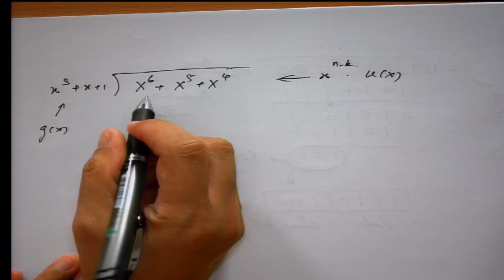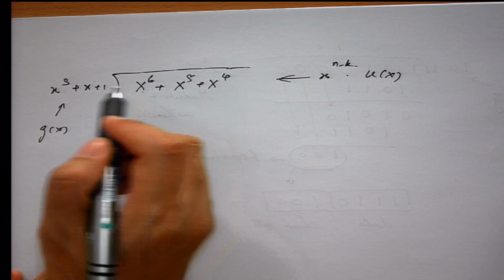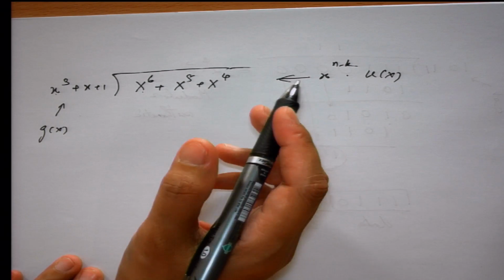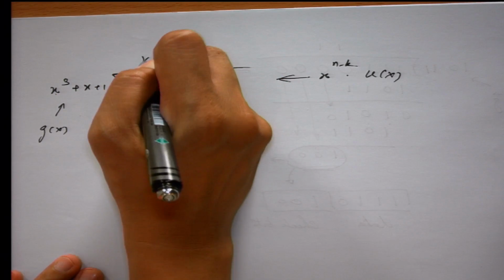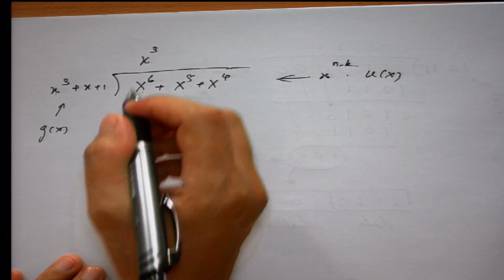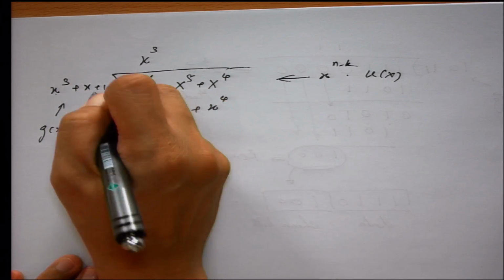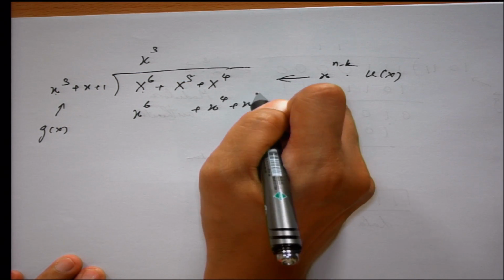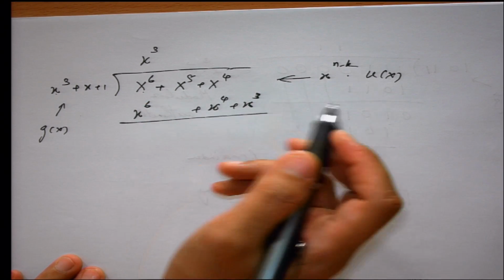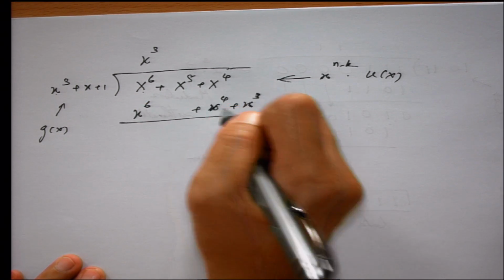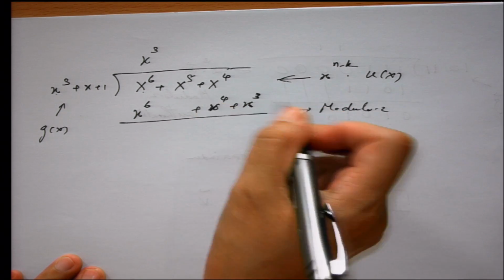You always have to put the highest degree on the left like this to divide. So to divide x to the 6th by x cubed, you get x cubed. Then x to the 6th plus x to the 4th plus x cubed. Again, this addition is modulo 2 arithmetic, so all of these are modulo 2.